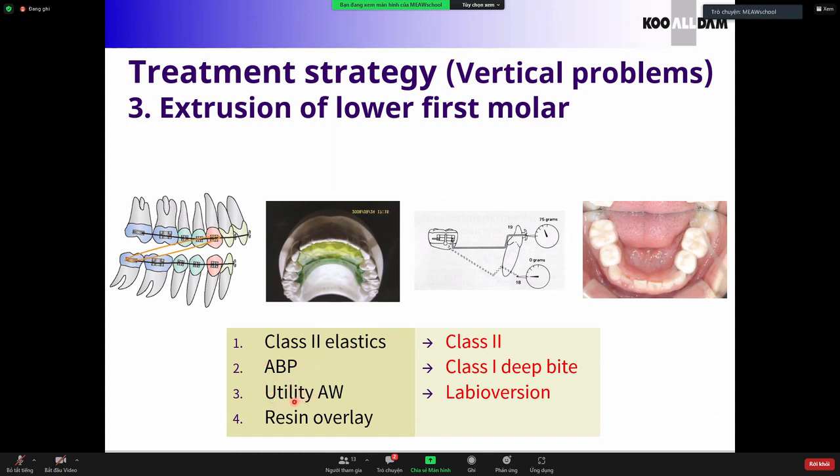Third appliance is utility arch wire. However, using utility arch wire may cause labial version of the lower incisor. And fourth appliance is resin overlay.